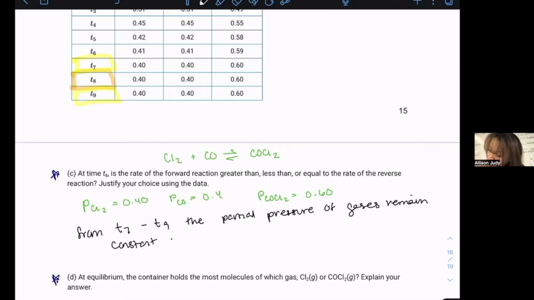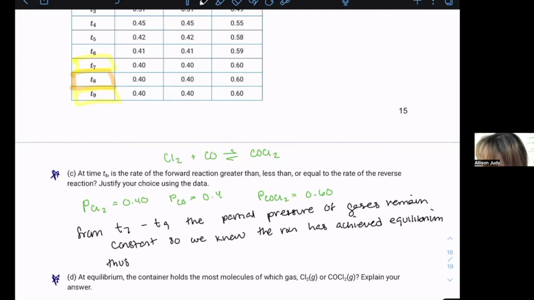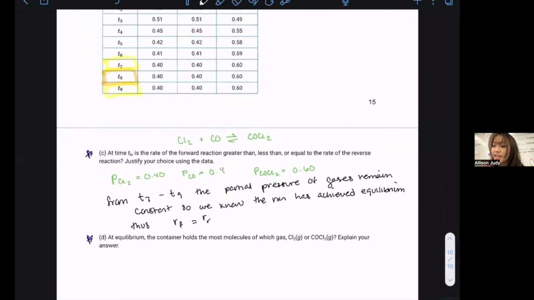So we know that the reaction has achieved equilibrium, is in a state of equilibrium. Thus, the rate of the forward is equal to the rate of the reverse, as per the definition of equilibrium. So that's a nice little worked conceptual question in an AP level question.